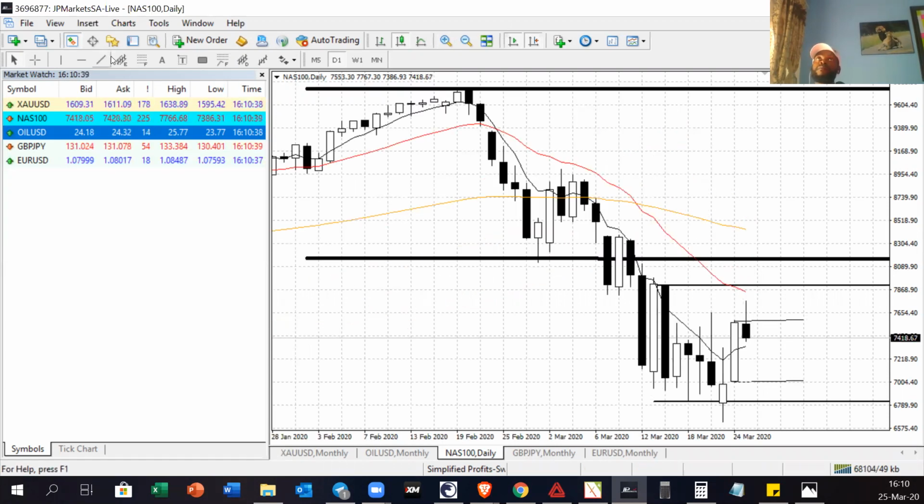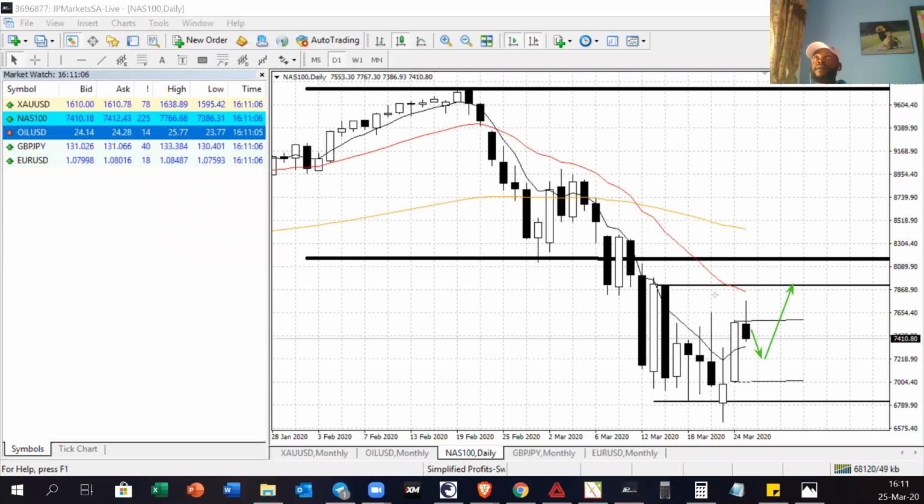So on an intraday basis, bulls would be looking at something like this. Pull back to the 8 EMA and then take it up.